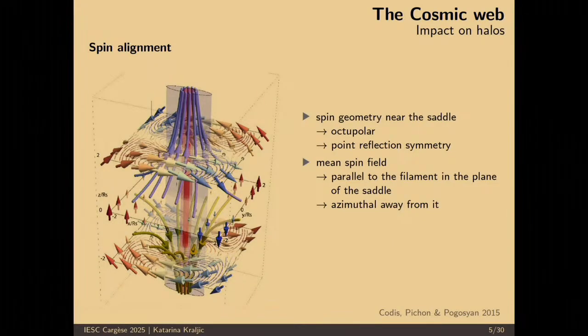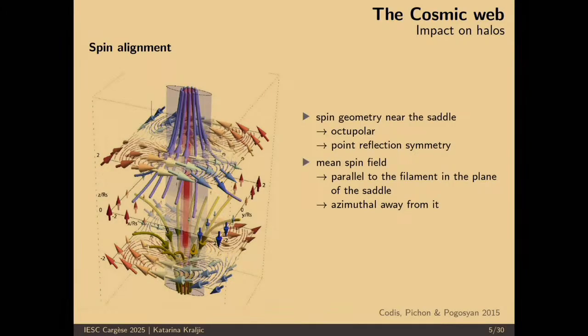And this is a nice summary of this prediction, which shows, so the saddle point is here. This is the plane of the saddle. The red thing is the filament embedded in a wall. And these arrows show the angular momentum of dark matter halos. And so you clearly see in this mean spin field representation, in this geometry, that the halos that form in the plane of the saddle tend to have the angular momentum aligned with the neighboring filaments, whereas as they move towards the node, they tend to have their angular momentum in a perpendicular direction.